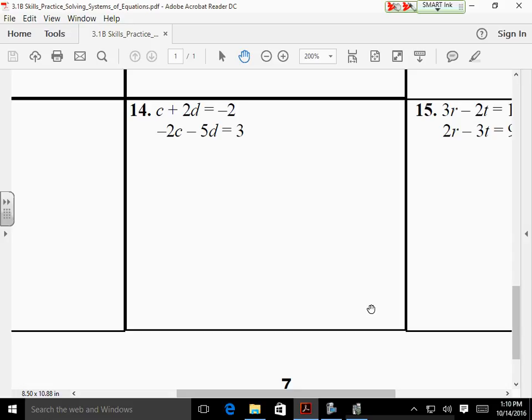So in the first equation, C doesn't have a coefficient. D has a 2, this C has a -2, this D has a -5, but there's nothing in front of C, so that's going to be real simple to get by itself. C would be equal to -2D minus 2. Just subtract 2D from both sides.